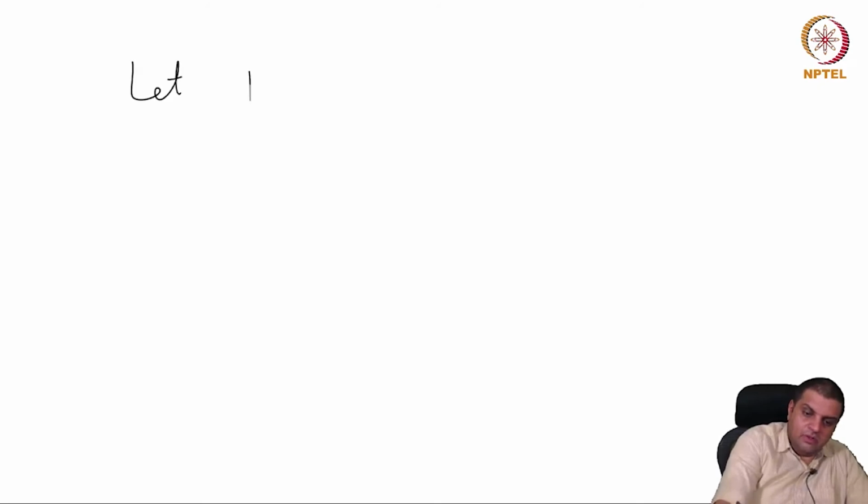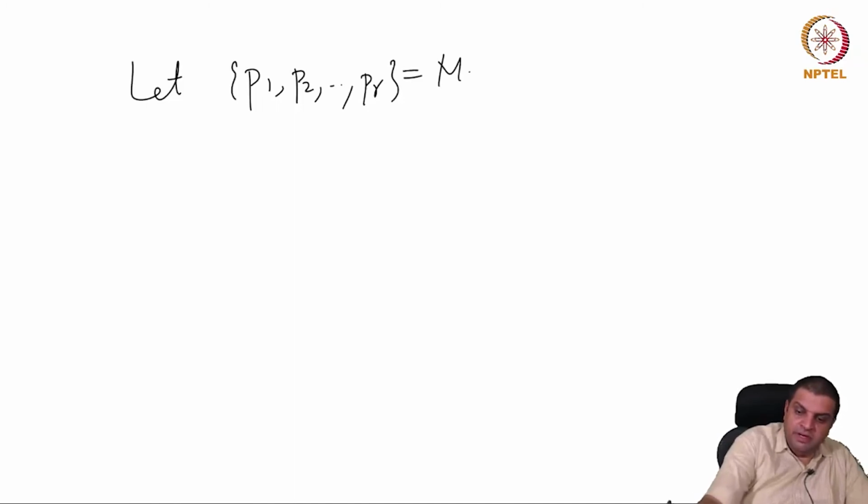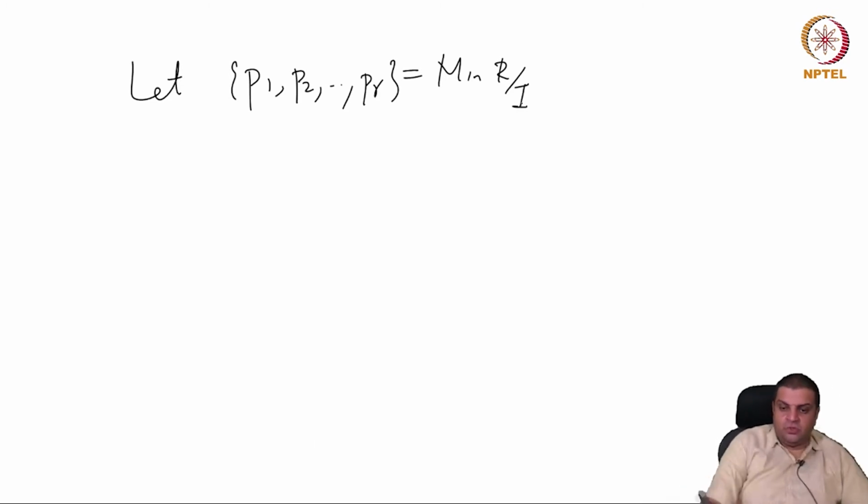Let P1, P2 through Pr be the set of minimal primes of R mod I. We have observed earlier that the minimal primes are associated, so they will show up in the primary decomposition. So let this exactly be the set of minimal prime ideals of R mod I.